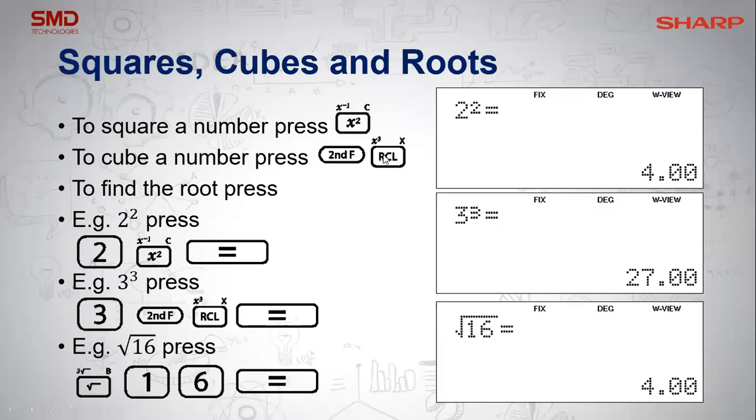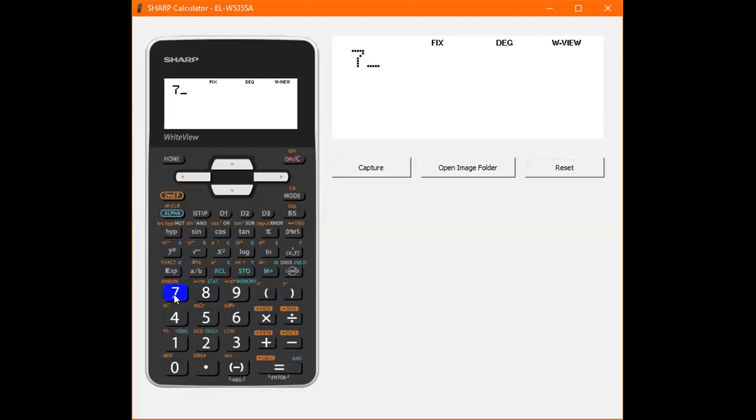You can also do squares, cubes, and roots on the calculator. So it's very, very easy to do. The shortcut for a square is this button here and equals. Or for example, you can do a cube, which there are 2 options for.